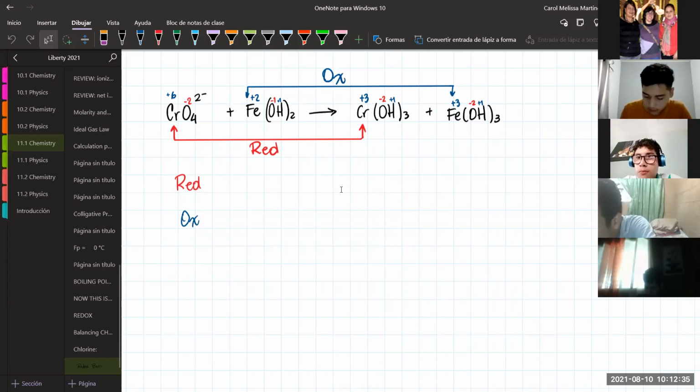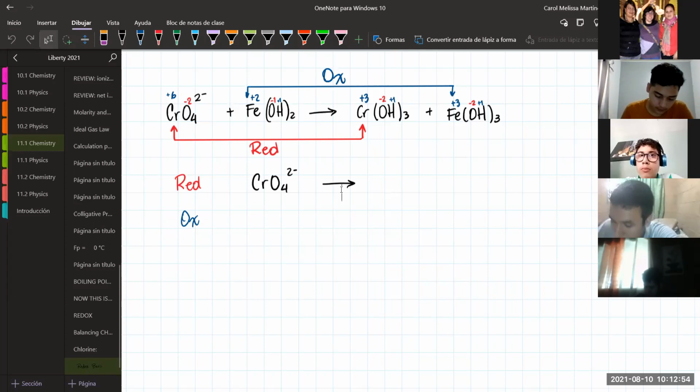Okay, so I'm going to write my half reaction for reduction, which goes between the chromate and is producing chromium 3 hydroxide.